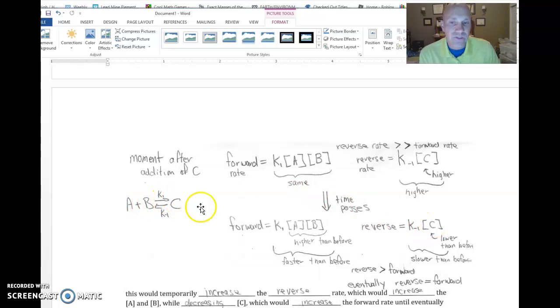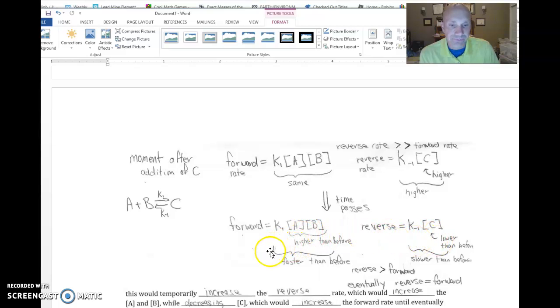So C is going to tend to go down after a little bit of time passes, and whenever C reacts, it's going to increase the amount of A and B. So A and B is going to start to get higher. Compared to this moment before, we now have higher A and B, and we have lower C.